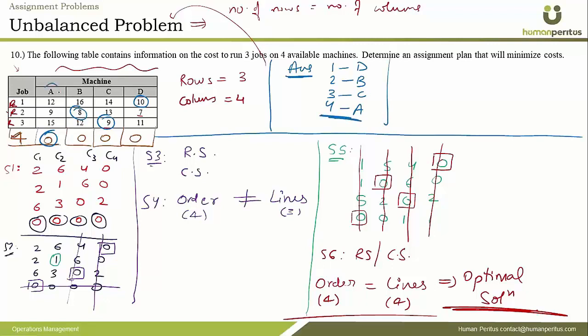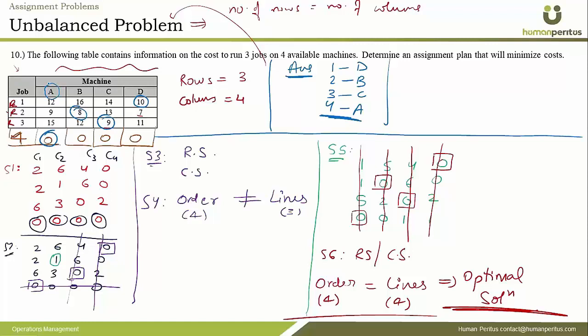It means that machine A will remain idle. As you can see, there were 3 jobs that needed to be assigned to 4 types of machines. All 4 machines are able to do all 3 jobs, but since there are only 3 jobs, one machine has to be idle. So the machine which has been assigned the dummy job will remain idle.